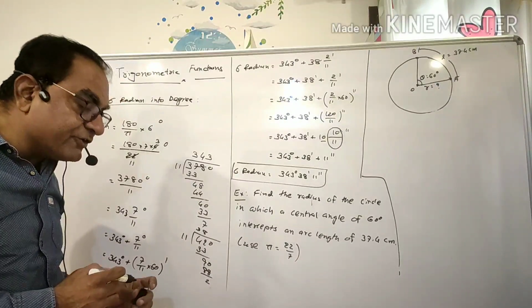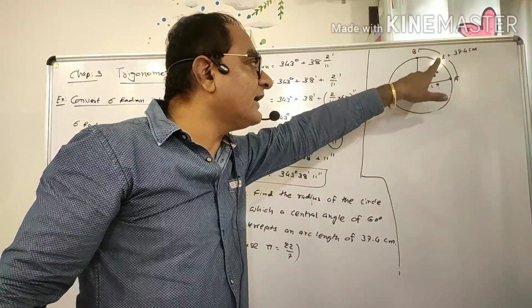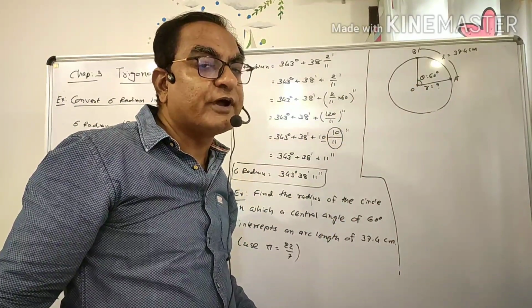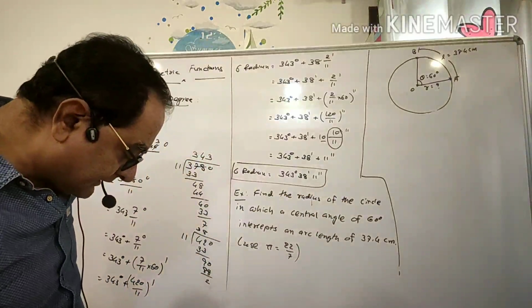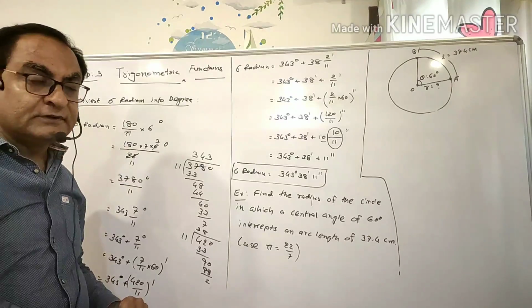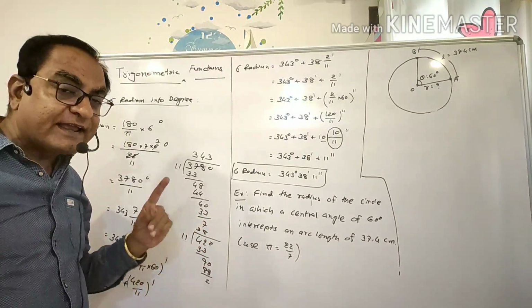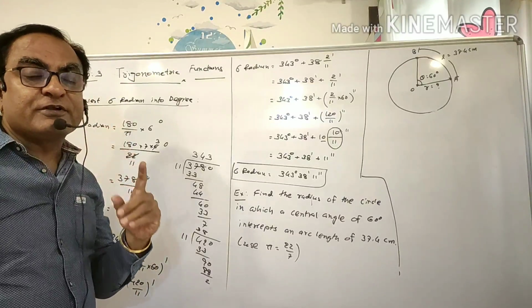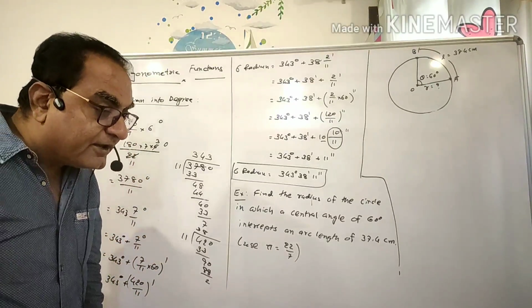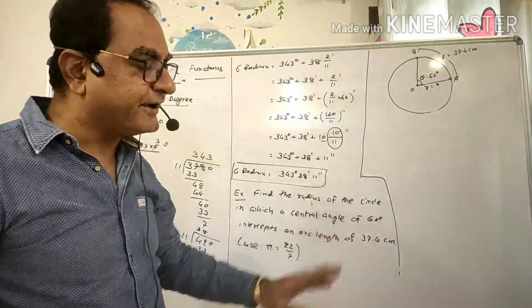Now the relation which connects these three parameters R, L and theta is theta equals L by R. But be careful: theta equals L by R can be used only if the angle is in terms of radians. Here the angle is given as 60 degrees, so first we will have to convert this degree into radians.